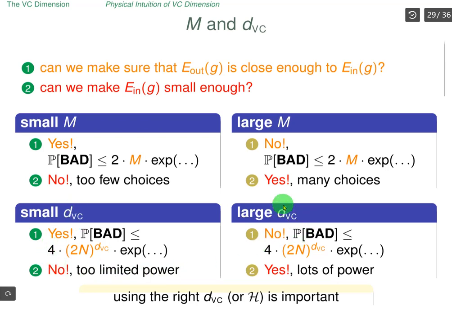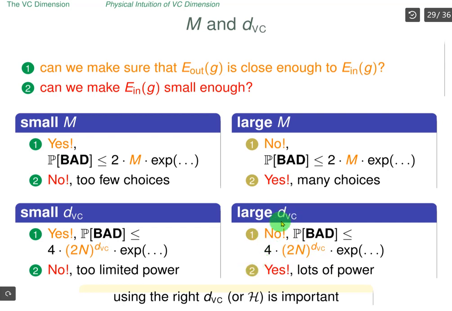How about a large VC? If you have a hypothesis with a large VC, can we make sure out of sample approximates in sample error? The first answer is no, because the probability of bad event will be big. VC is big for this hypothesis class. We got rid of M, but replaced it with the VC, and also the growth function.